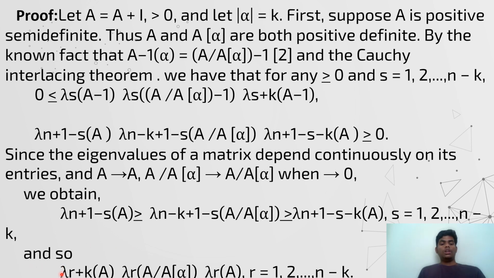So lambda_{r plus k}(A) is at most lambda_r(A/A[alpha]), at most lambda_r(A), where r equals 1, 2, 3, up to n minus k.